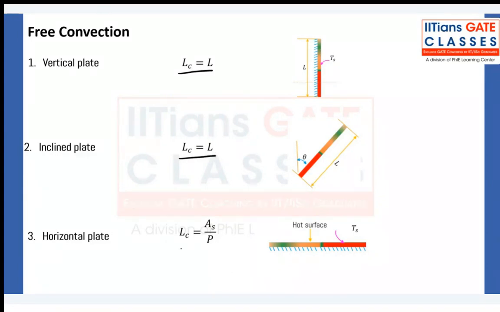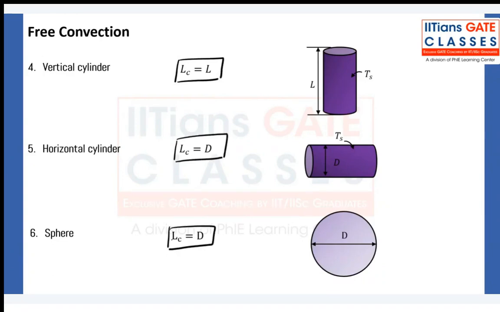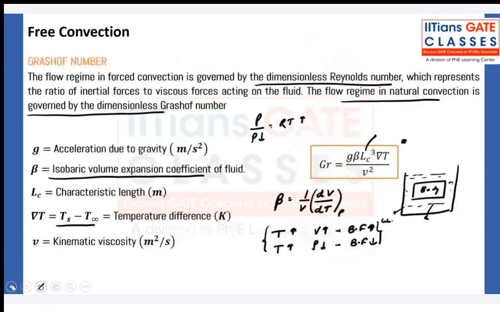If it is a vertical cylinder, then LC is equal to L. If it is a horizontal cylinder, then LC is equal to diameter. For a sphere, LC is equal to D. This LC we are going to use to calculate Grashof's number.